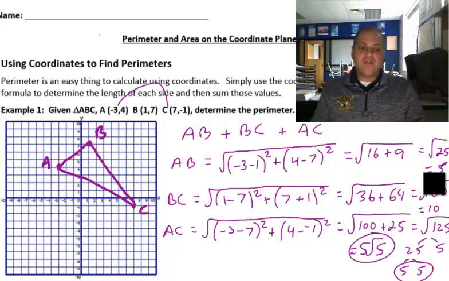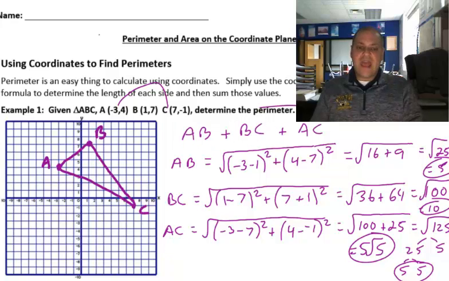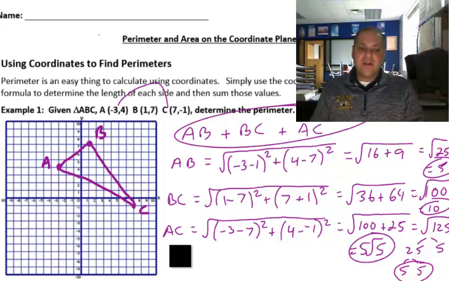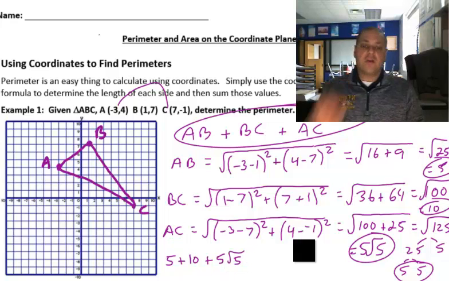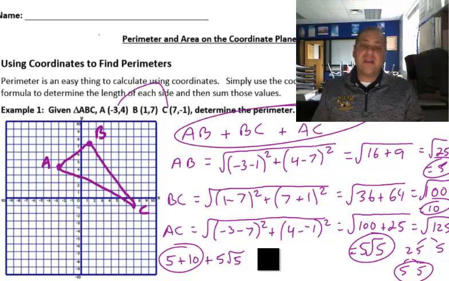So I have 5 radical 5, I have 10, and I have 5. So I have to add 5 plus 10 plus 5 radical 5. But remember, we can only add if we have like terms. So we can add the 5 and the 10, and that's it. So we're going to have 15 plus 5 radical 5.